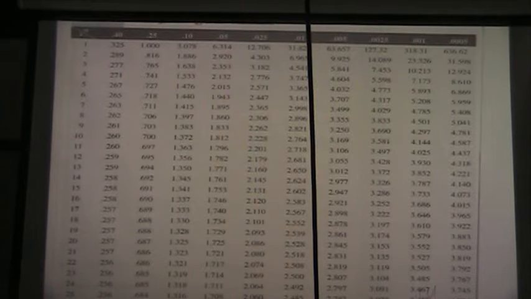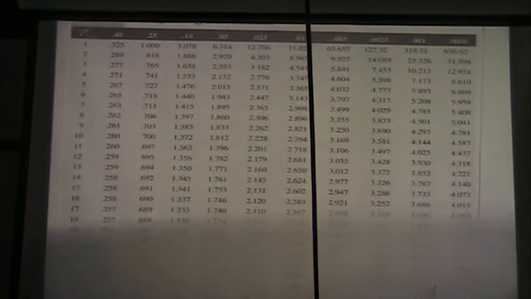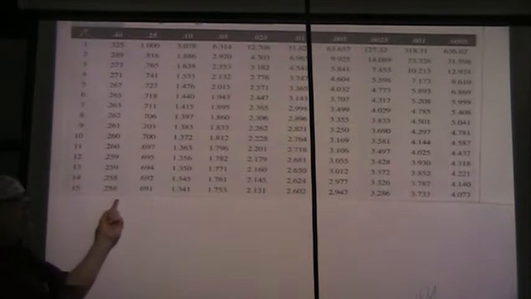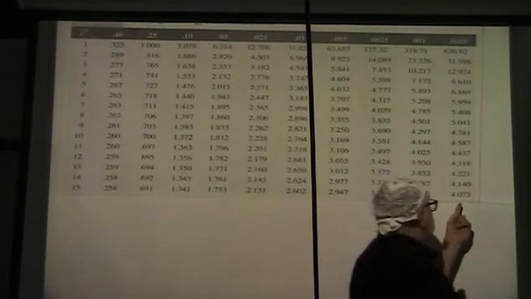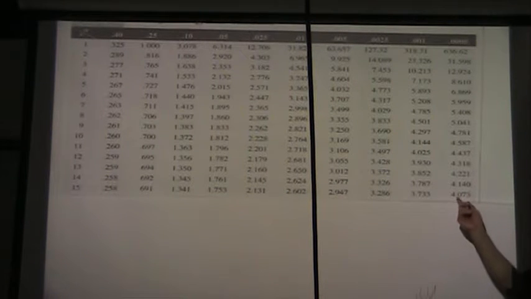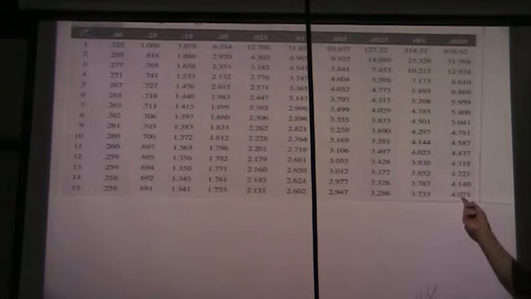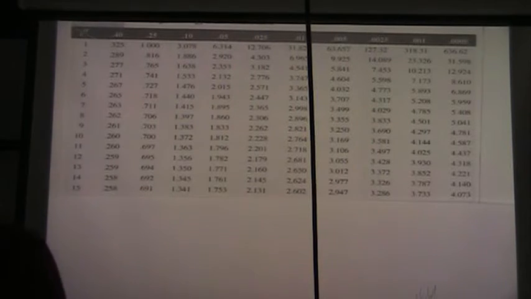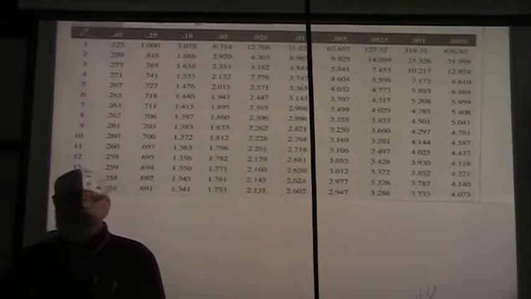So my column of 0.0005, then I'm looking for my degrees of freedom at 15, and I follow it over until these two papers form a corner, and I say that is 4.073. Okay, well, how delightful that is.